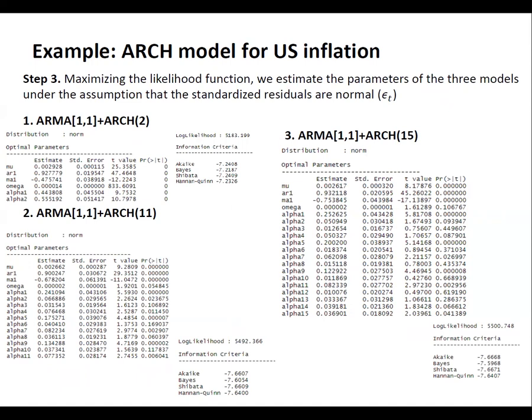As outputs for the first ARMA(1,1) and ARCH(2) model, we see the distribution is norm. This means we use the normal distribution of standardized residuals. Here are the optimal parameters according to the ARCH model.